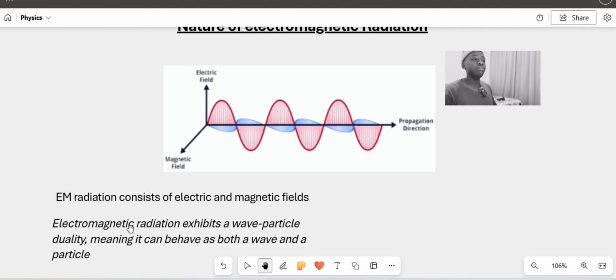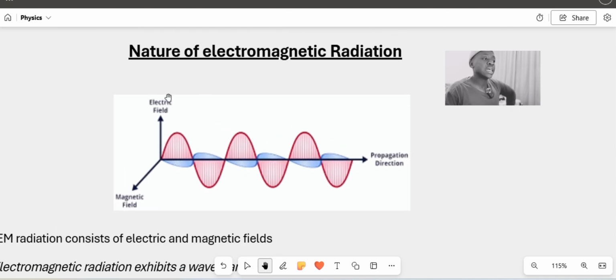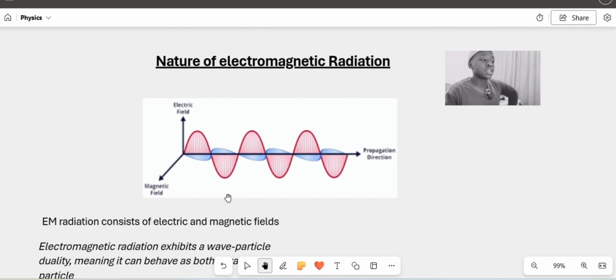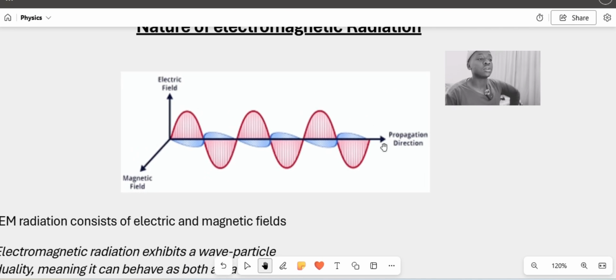Make sure that you familiarize yourself with this topic, meaning that it can behave as both a wave and a particle. Please keep in mind that the nature of electromagnetic radiation is wave-particle duality.